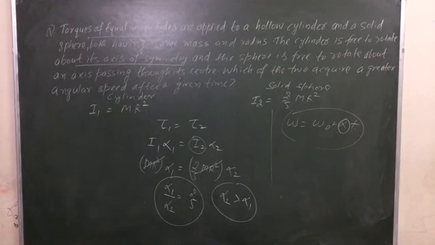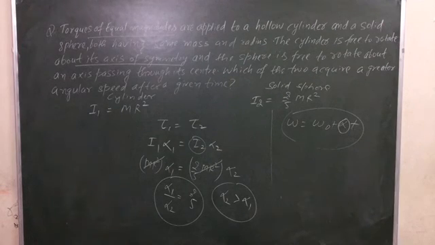In this case, torque is the same, therefore torque 1 and torque 2 are equal. Torque 1 is I1 into alpha 1, torque 2 is I2 into alpha 2. I1 is the moment of inertia of the hollow cylinder, mr square, and I2 is 2 by 5 mr square.